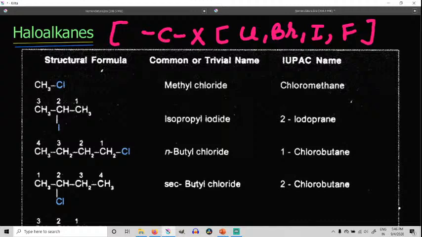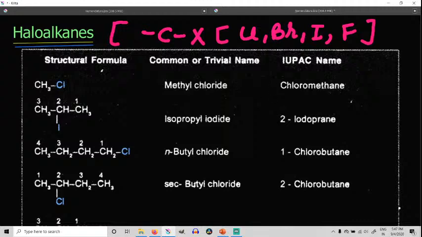So in this case, you can see CH3Cl. As per the trivial name, it should be methyl chloride, but as per the IUPAC name, I told you if any halogen is present, it will always be used as a prefix. It means chloromethane. Why methane? Because there is 1 carbon atom and a single bond, so ANE should be there, right?